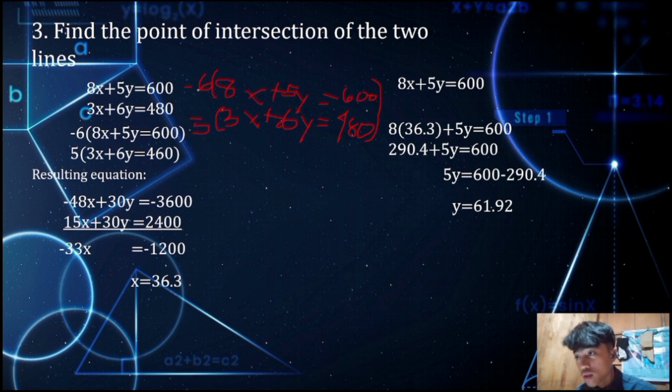So, yung negative 6 times 8x equals negative 48x plus negative 6 times 5y equals negative 30y equals, so negative 6 times 600, so equals to negative 3,600.